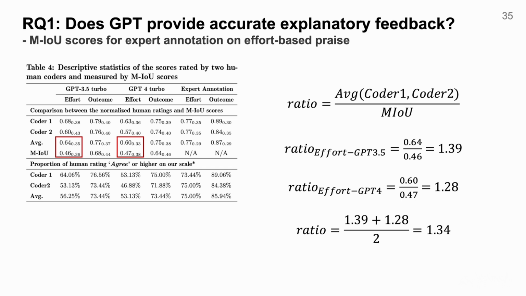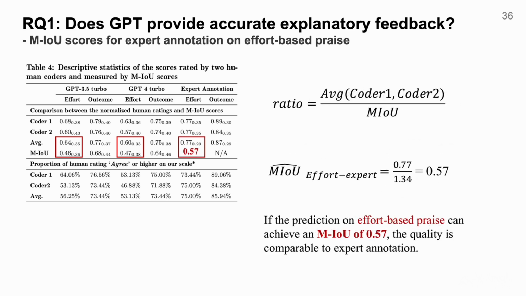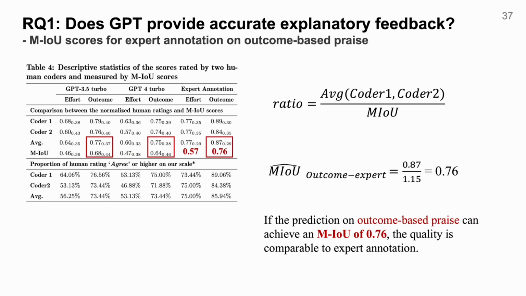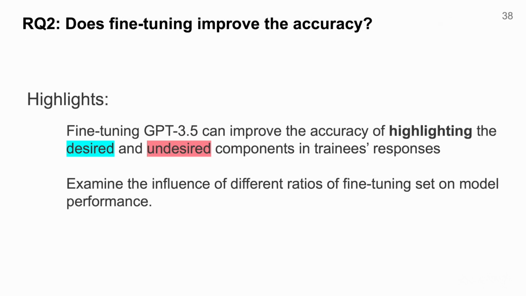By calculating the ratio from the GPT-3.5 and the GPT-4 model, we finally get a ratio of 1.34. By using that ratio, we know the estimate for expert annotation on the effort-based praise is 0.57, and for the outcome-based praise is 0.76.